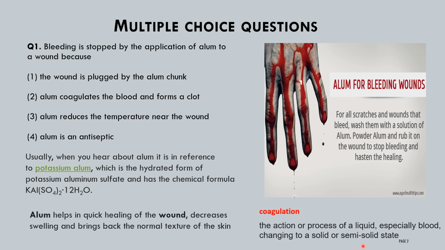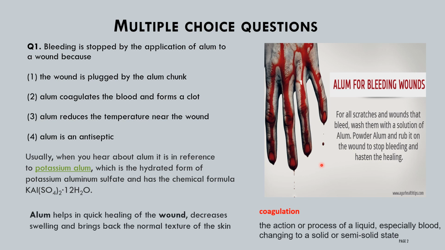The liquid means blood, it will start converting into a solid or semi-solid. That process we will call coagulation. When you apply alum to a particular wound, the alum will help to clot the blood, otherwise, it will help to coagulate the blood.